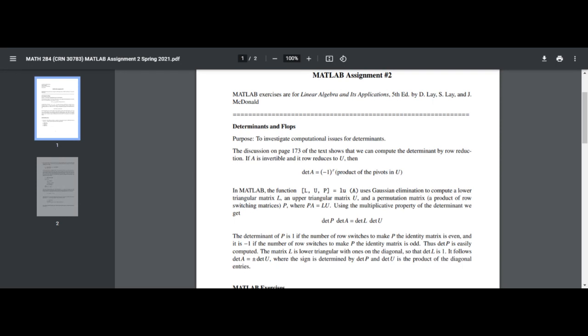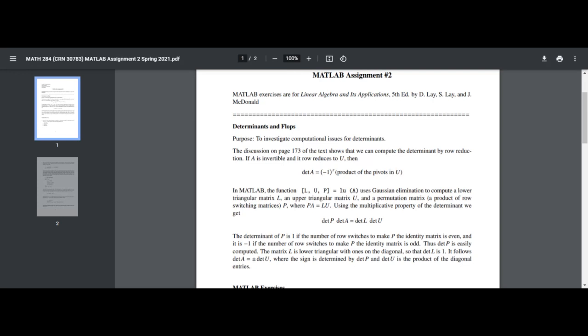And of course, for a 4x4 or 3x3 matrix it's maybe not so necessary, but if you have a 1,000 by 1,000 matrix, it is going to be necessary to use the properties of determinants.